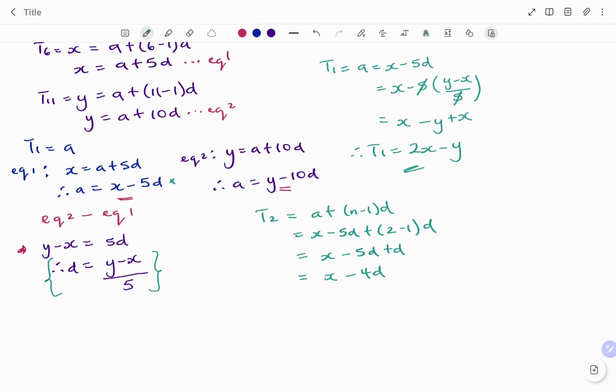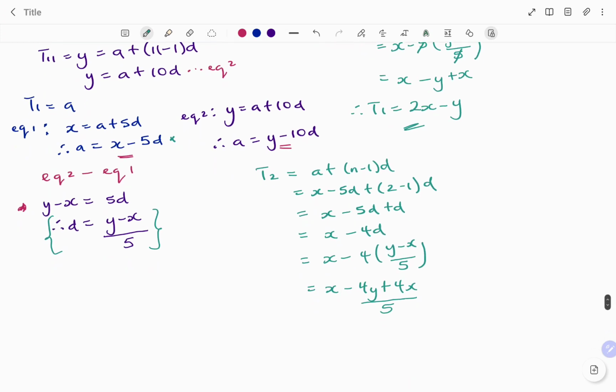Replacing d, what I will have is x minus 4 in bracket, d is y minus x divided by 5, and simplifying, I have that as x minus 4y plus 4x divided by 5.